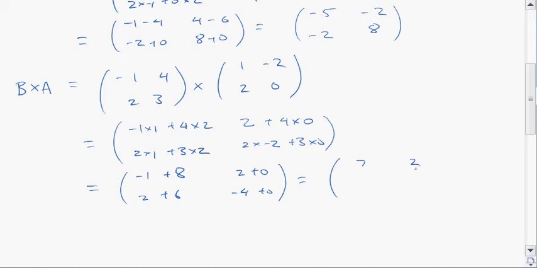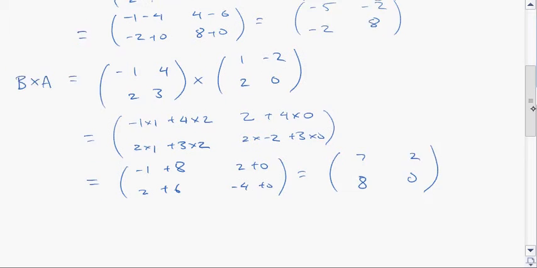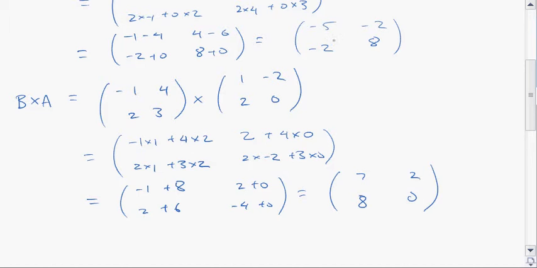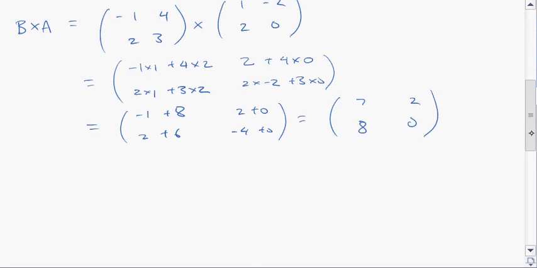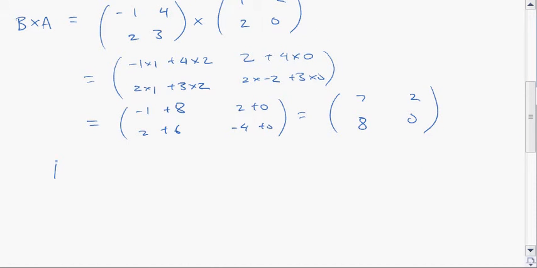So A times B was -5, -2, -2, 8, and B times A was 7, 2, 8, -4. So it's quite obvious in this example that A times B is not equal to B times A.